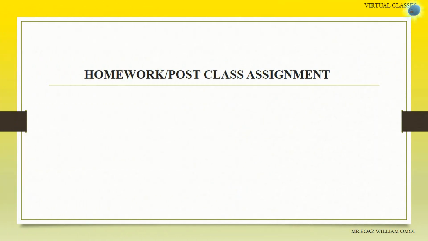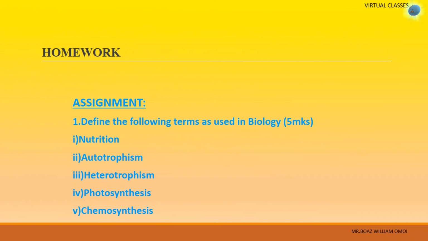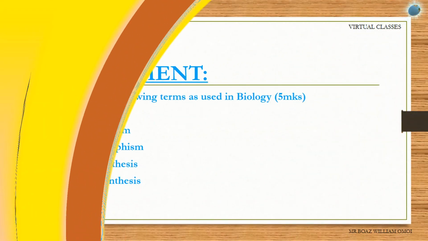So I'm just going to give you a small simple assignment as your homework. Ensure you attempt these questions and see whether you have understood what we have been discussing. Now, my assignment is very simple. Define the following terms as used in biology, 5 marks.